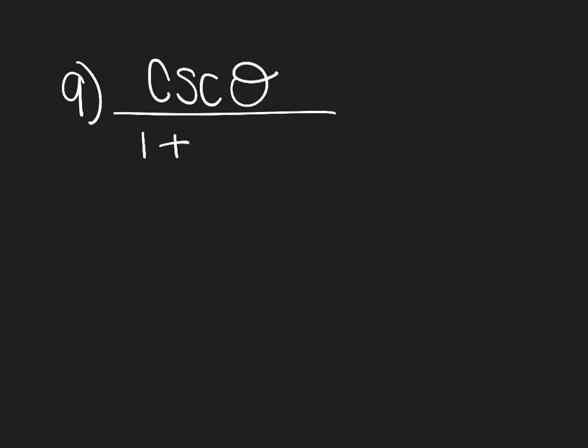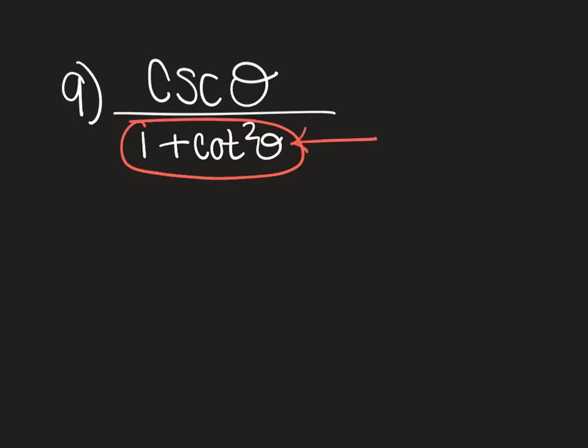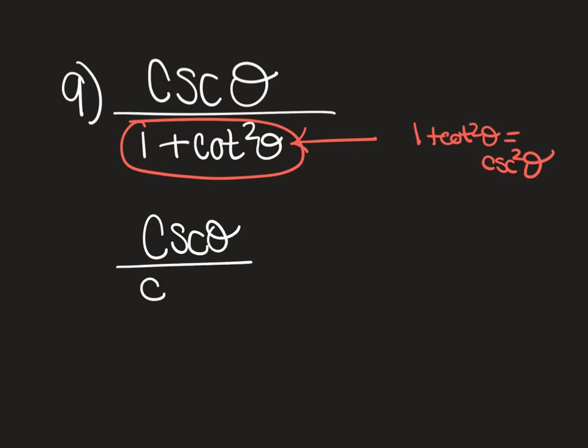Number 9 says that I have cosecant theta over 1 plus cotangent squared theta. I want to look at just this bottom part for a second because it's definitely a trigonometric Pythagorean identity. So I know that 1 plus cotangent squared theta is equal to cosecant squared theta. So I'm going to replace it. So on top I have my cosecant theta, and on bottom, I have a cosecant squared theta.